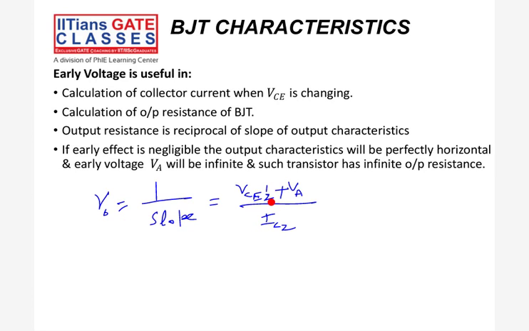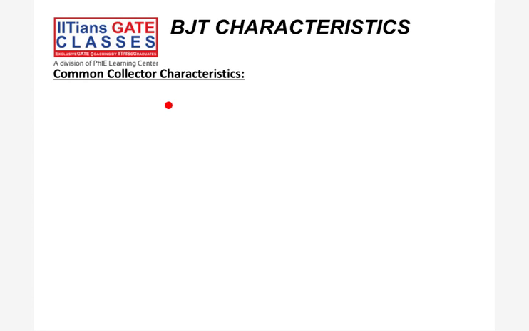So output resistance will be infinite for common emitter only if there is no early effect in the device. I mentioned that point here just to remember.